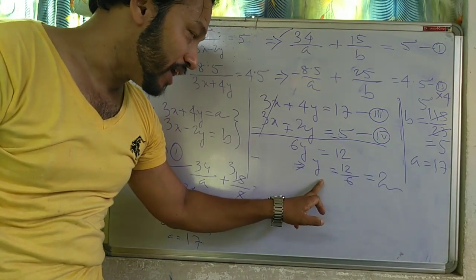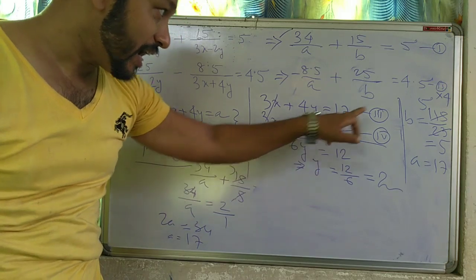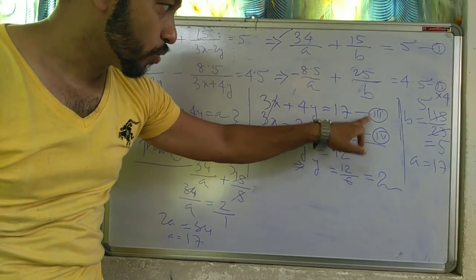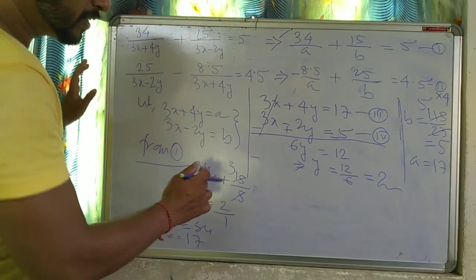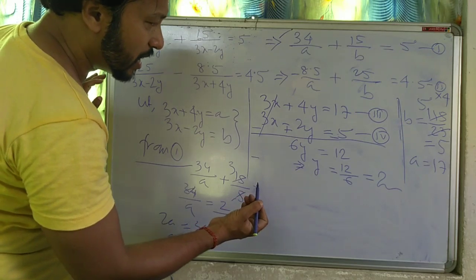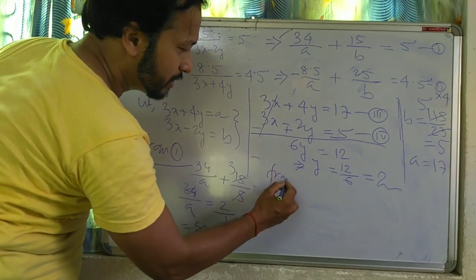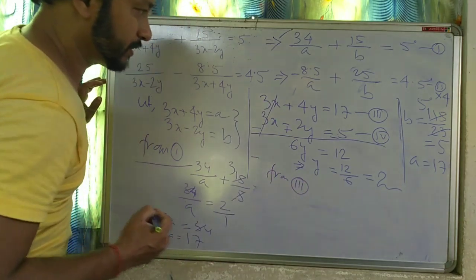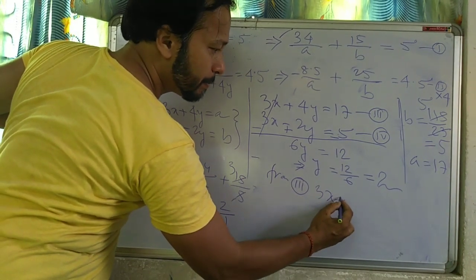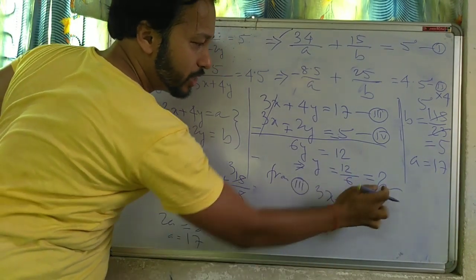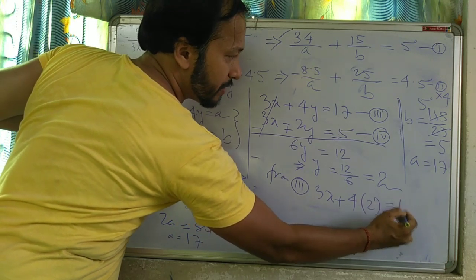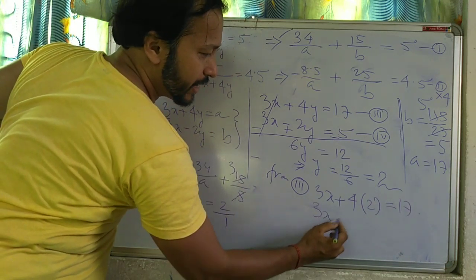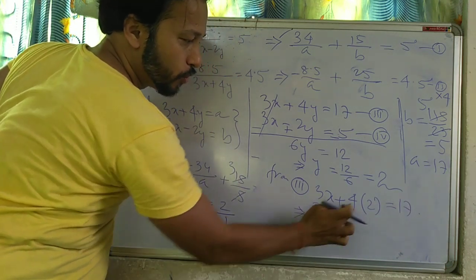We'll place this value of y in either equation 3 or 4. Let us say 3. From 3, 3x plus 4y, what is y? 2, equal to 17. 3x plus 4 times 2 is 8.